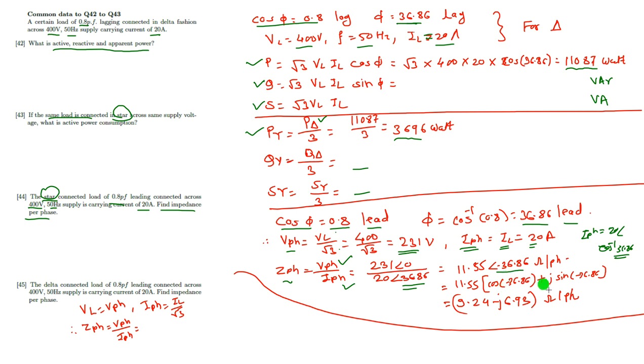Taking cos theta plus j sin theta according to Euler's identity and multiplying it with 11.55, it will give you 9.24 minus j 6.93. So it is R minus jXC load. Okay, so R per phase is 9.24 ohm per phase and XC is 6.93 ohm per phase. So it is the RC combination load.